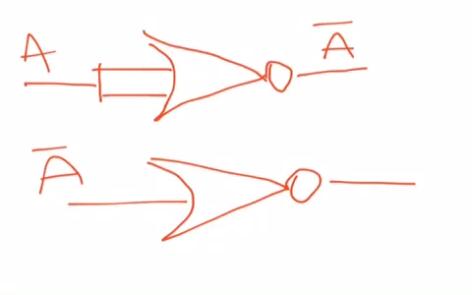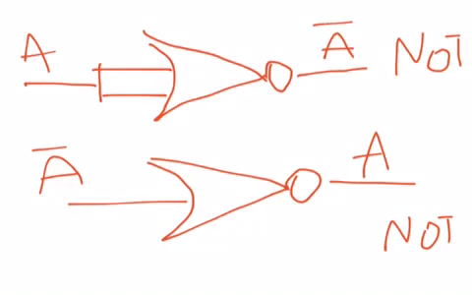Here A bar is given, it will make it A. A is given, it will make it A bar. So these are the symbols for the NOT gate. We have to call them NOT gate symbols, not NOR, simply NOT.